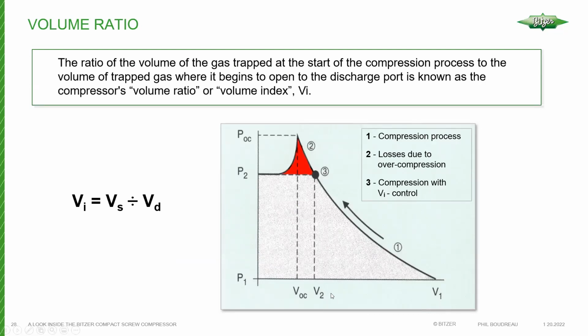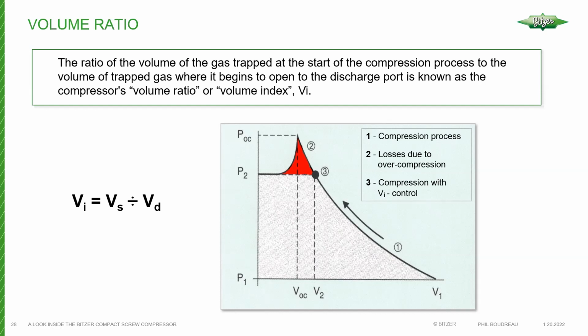So with the slide valve, with screw compressors, I should say, because we have a number of contiguous pockets that are in series, these pockets operate independently of the discharge. Meaning that in a reciprocating compressor, for example, you compress that refrigerant, it works its way up to the discharge pressure.